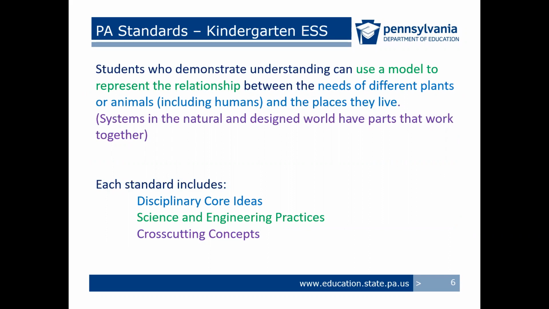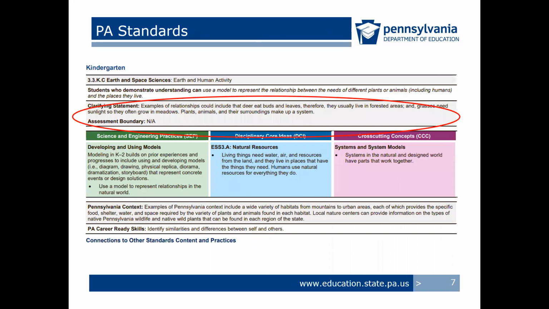So students are using a model between needs of different plants or animals, including humans and the places they live. That is the content. Systems is the cross-cutting concept. So all three components are within the standard, and we will go through what the foundation boxes are.